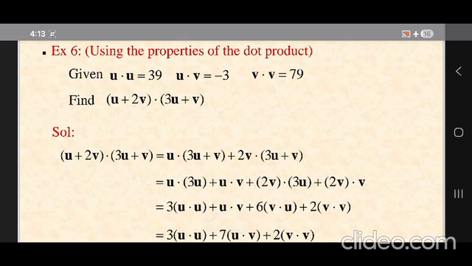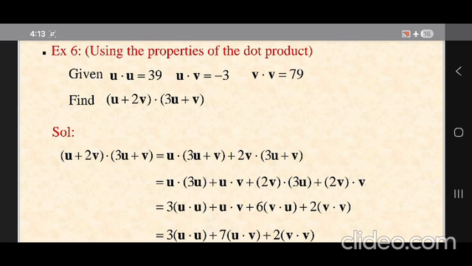Properties of the dot product: given u dot u equals 39, u dot v equals minus 3, and v dot v equals 79. Find (u plus 2v) dot (3u plus v). First, multiplying out: u dot (3u plus v) plus 2v dot (3u plus v).